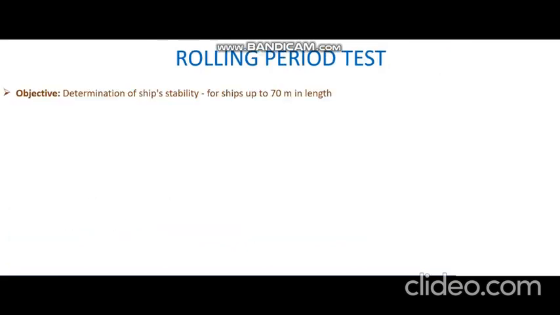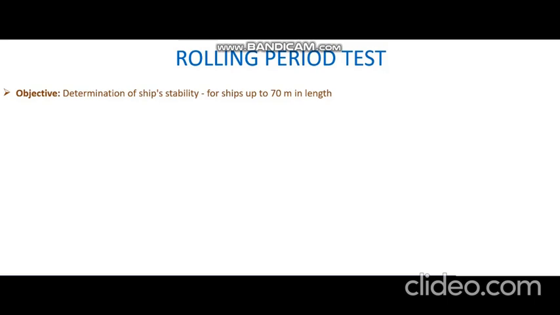However, the guidance of the IMO in that earlier code was that they said don't use it for ships more than 70 meters in length. Of course, even below 70 meters, there were some conditions. It's not that every vessel is fit. But what was the reason? As vessels become bigger and bigger, their keel becomes flatter and bigger.